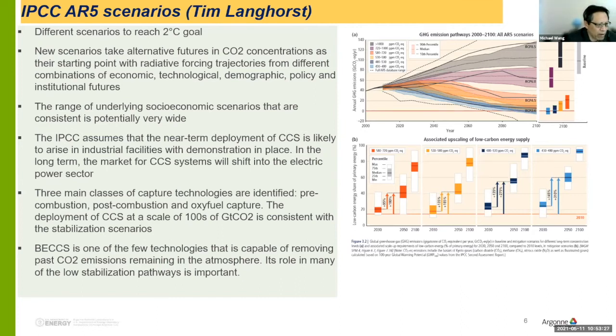But in the long term, the IPCC assumed the market for CCS systems will shift into the electric power sector. Three main classes of capture technologies are identified: pre-combustion, post-combustion, and oxy-fuel capture. The deployment of CCS at a scale of hundreds of gigatons of CO2 is consistent with the stabilization scenarios.